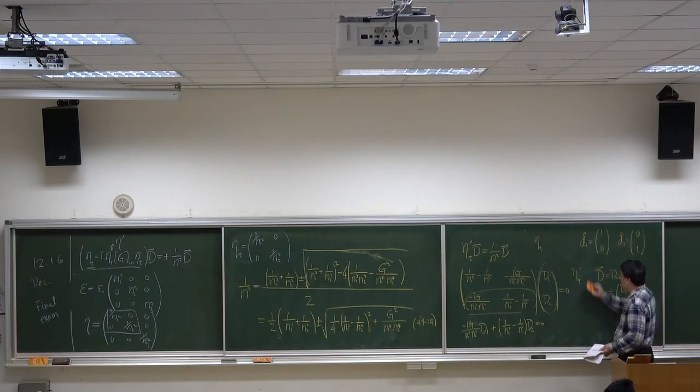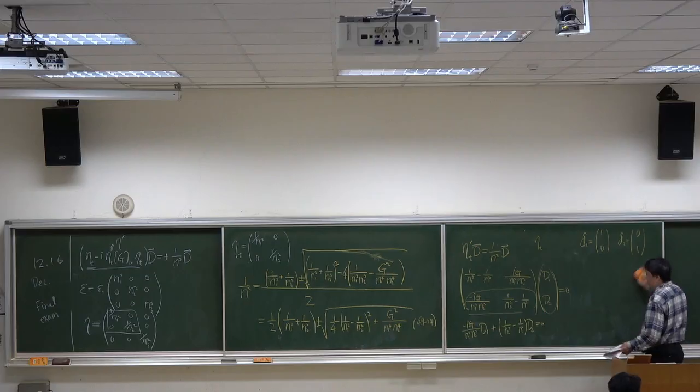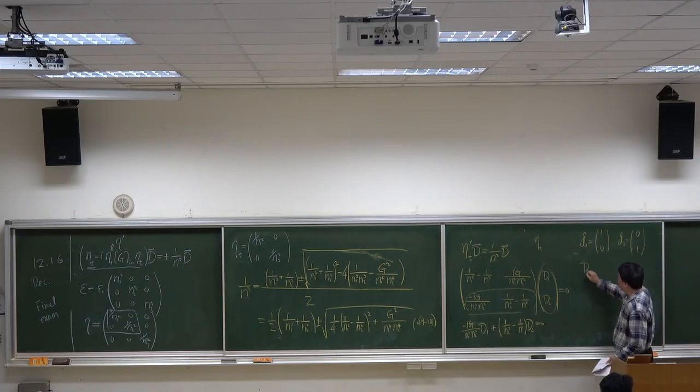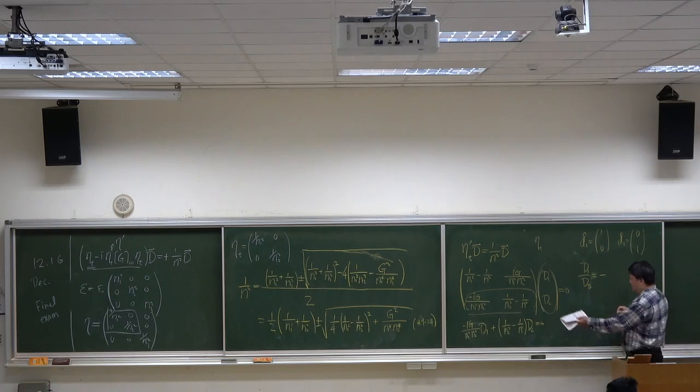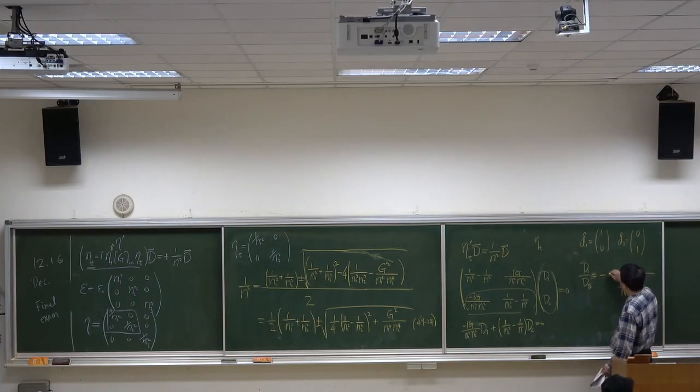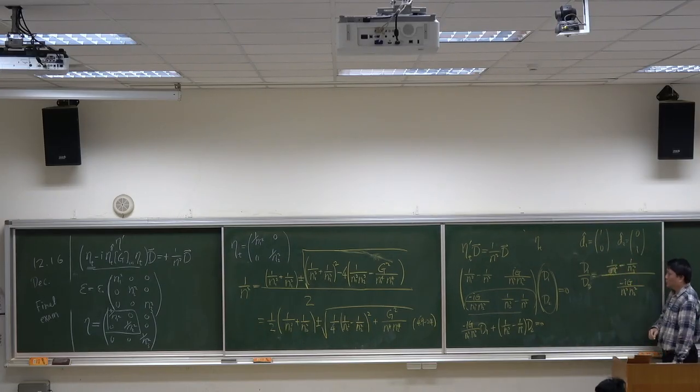So this means that d1 over d2 is minus 这个拿进去就变成 is equal to this.